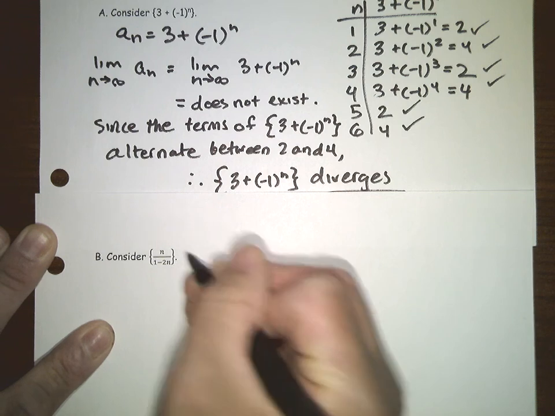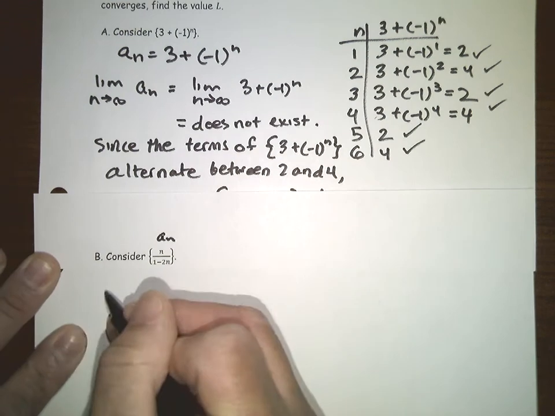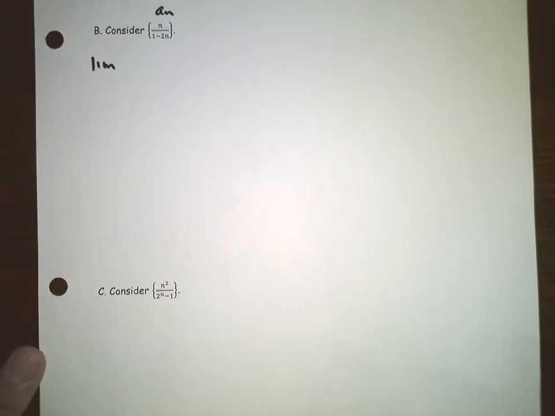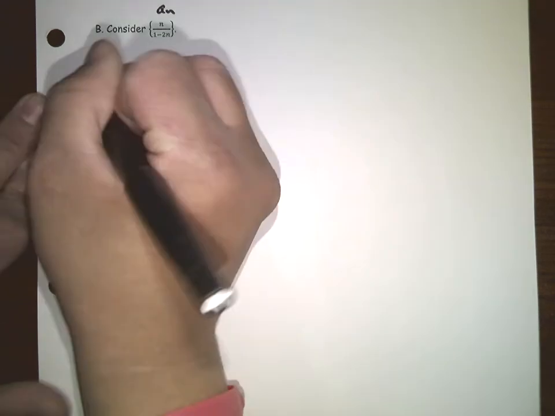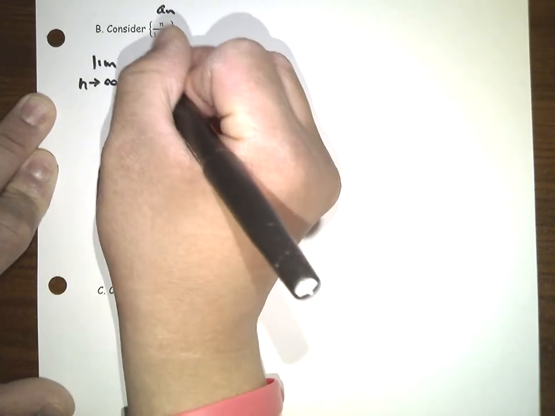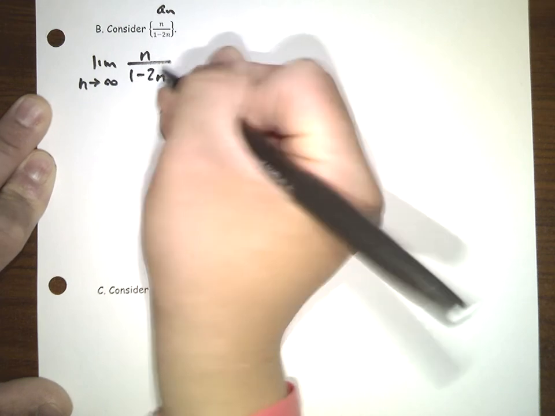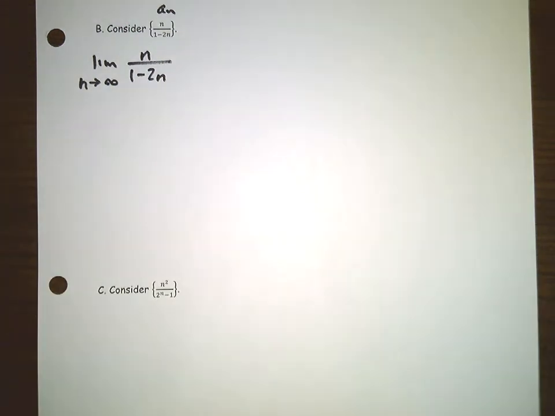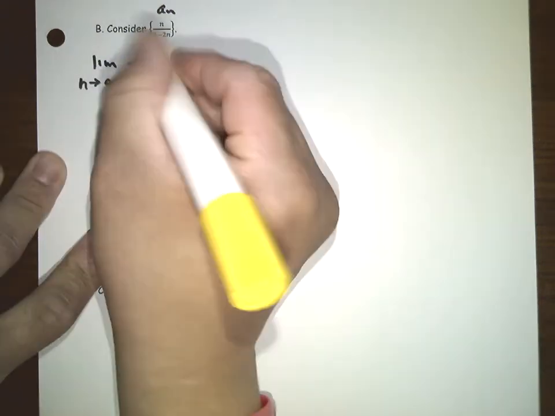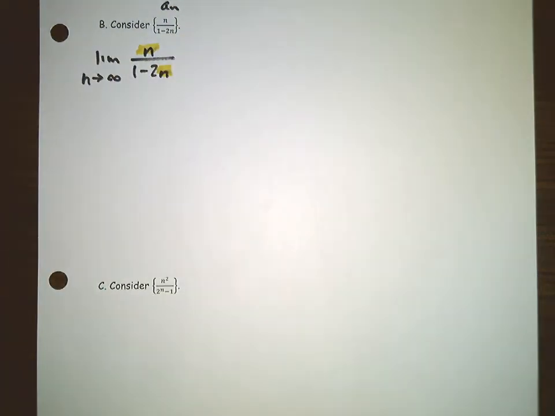So this is a_n here. So we want to find the limit. Here, I'll pull that up so that will make it easier for you. But if you ever have a question or want me to go back, just let me know. The limit as n goes to infinity of n over 1 minus 2n. So for limits as n goes to infinity, I can go ahead and divide each power of the numerator and denominator by n.